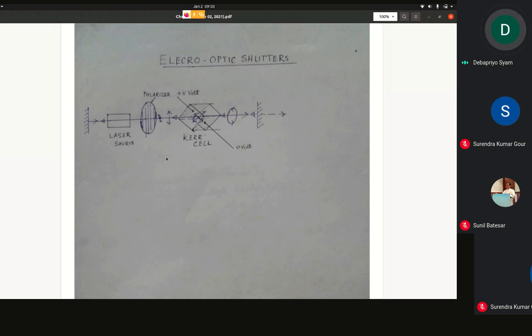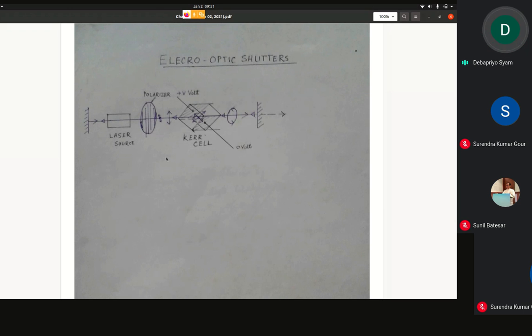Mu along the X direction, that is along the electric field, and mu perpendicular to the X direction, that is the Y direction, are different. And therefore, when you split the electric field into these two components, Ex and Ey, which are by the way equal because the angles that the electric field makes with the X and Y axes are equal to 45 degrees, the two components are equal in magnitude. These two components propagate with different velocities because the refractive index is different along the X direction and Y direction.